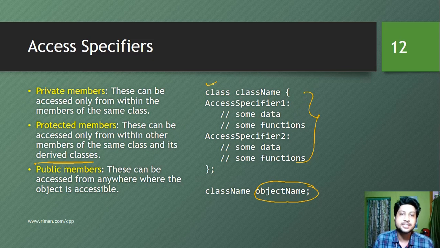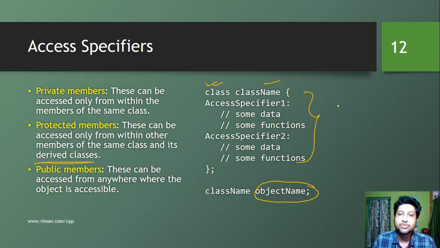We have the class keyword again and the class name, and we have the braces, that is the class block where we define some data and some functions. But now we have to specify either private or public, or if we are using inheritance, we can specify protected members as well. But if we are not using inheritance, then there is no need to specify anything protected. So we can use private members and public members.